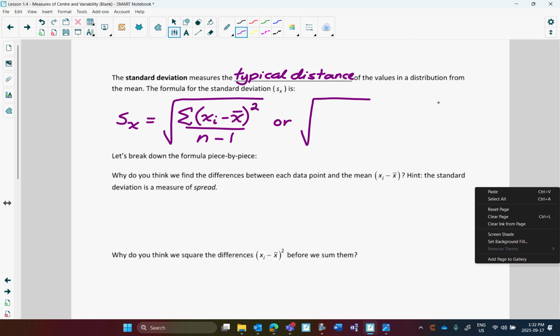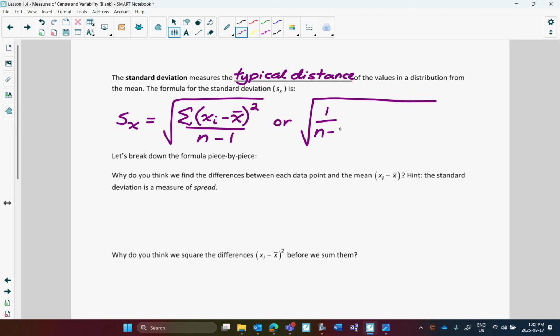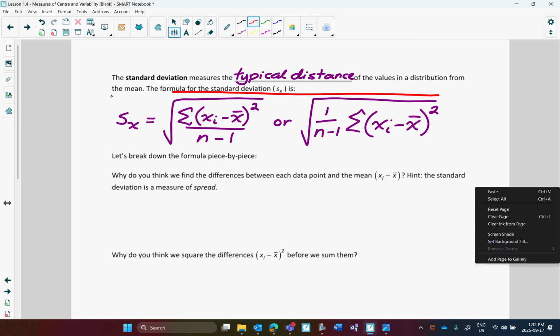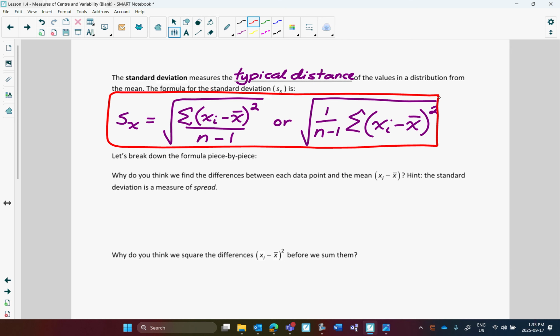You could also see it like this, where the 1 over n minus 1, and then this sum of the differences of every data value from the mean squared. And again, this is on the formula sheet. But actually, you're not even going to have to really worry about that in the formula sheet, because at the end, I'm going to show you how to find it using a graphing calculator. So really, you'll probably never use the mean or standard deviation formulas.